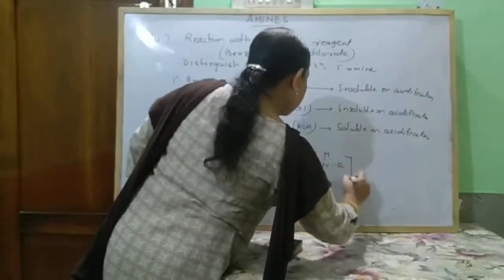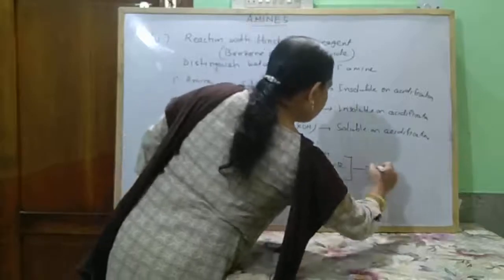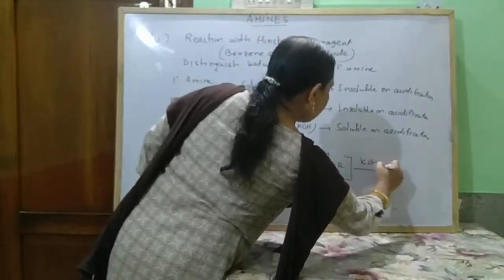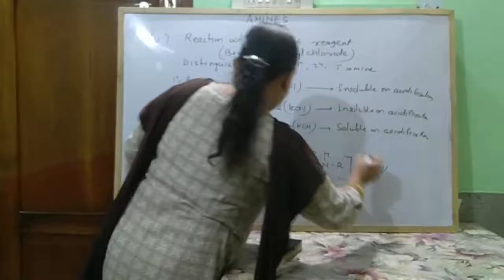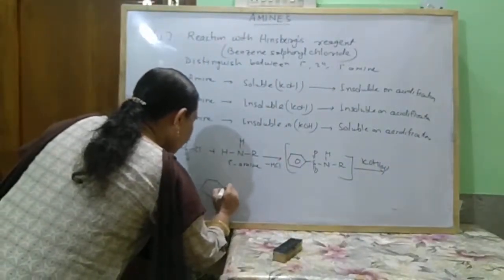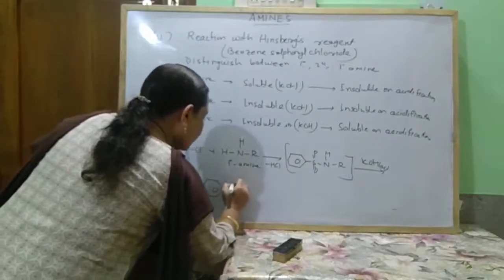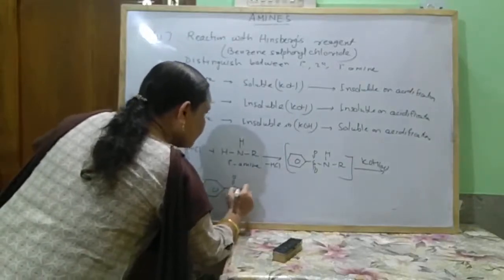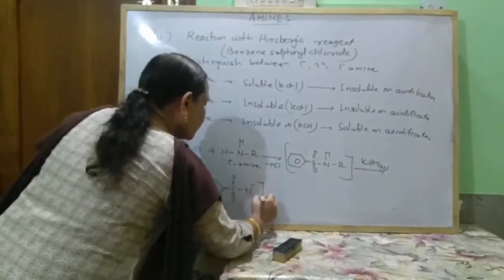This product, when treated with aqueous KOH, forms a salt with N minus.